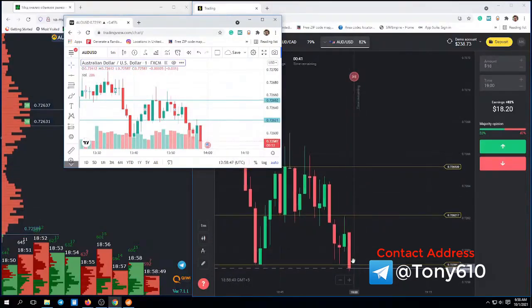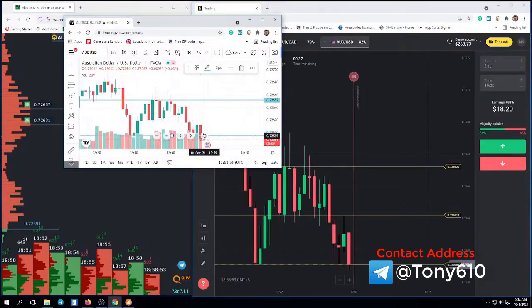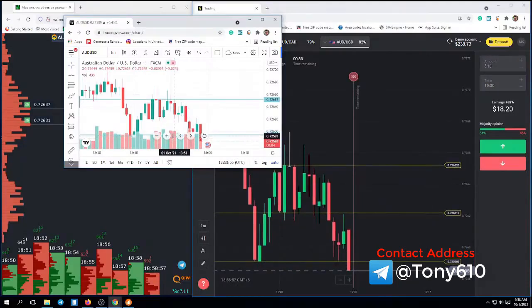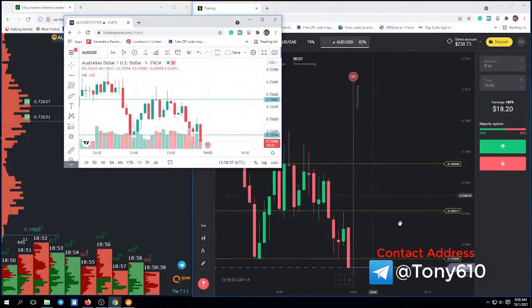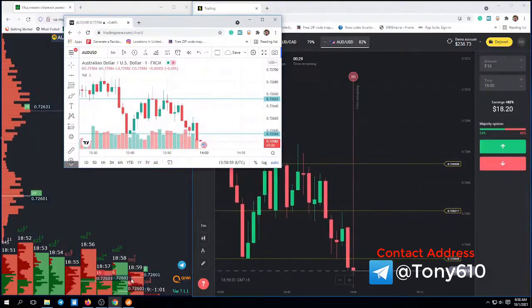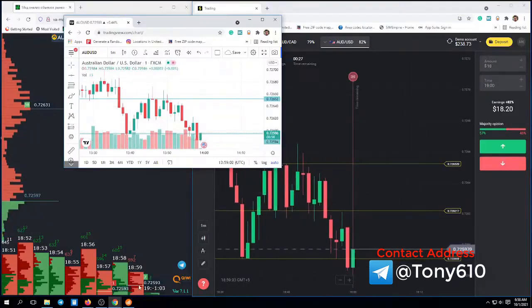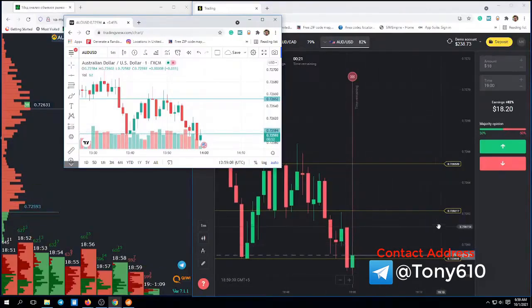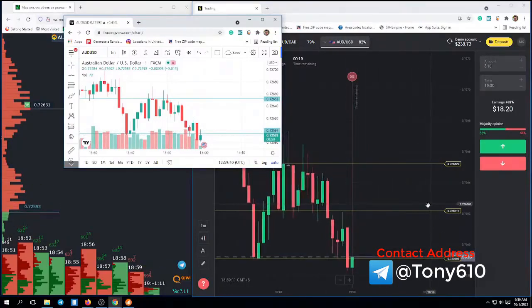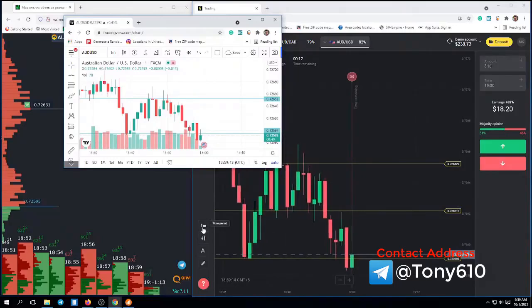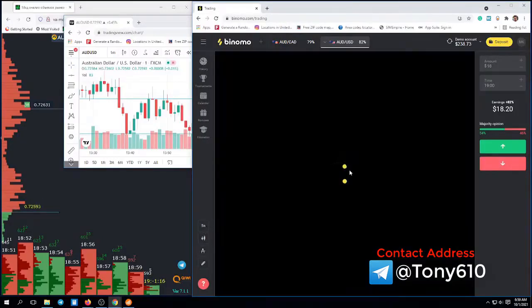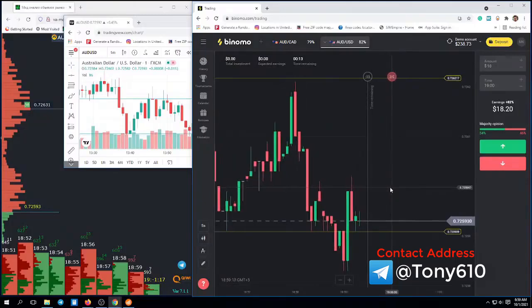You can see the market is trying to break out the levels here. It hasn't broken out, but this breakout is with low volume. So let me take the confirmation.